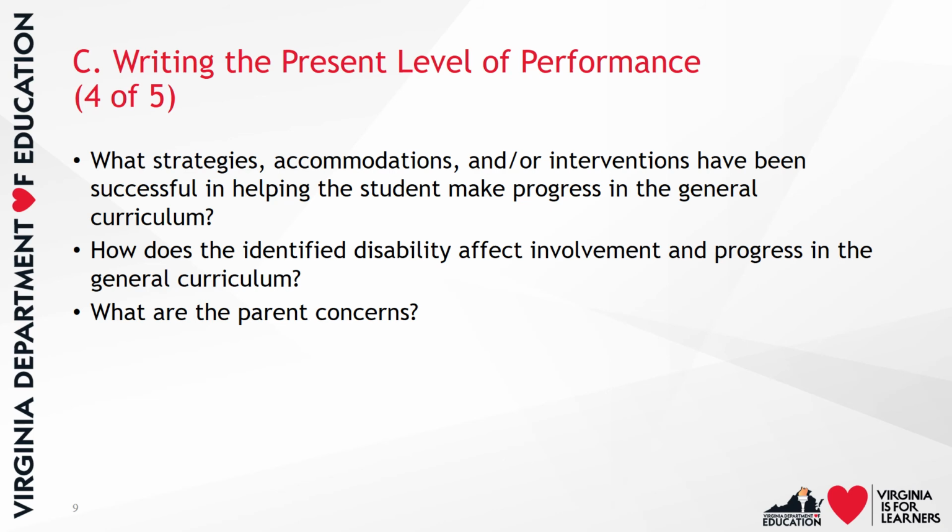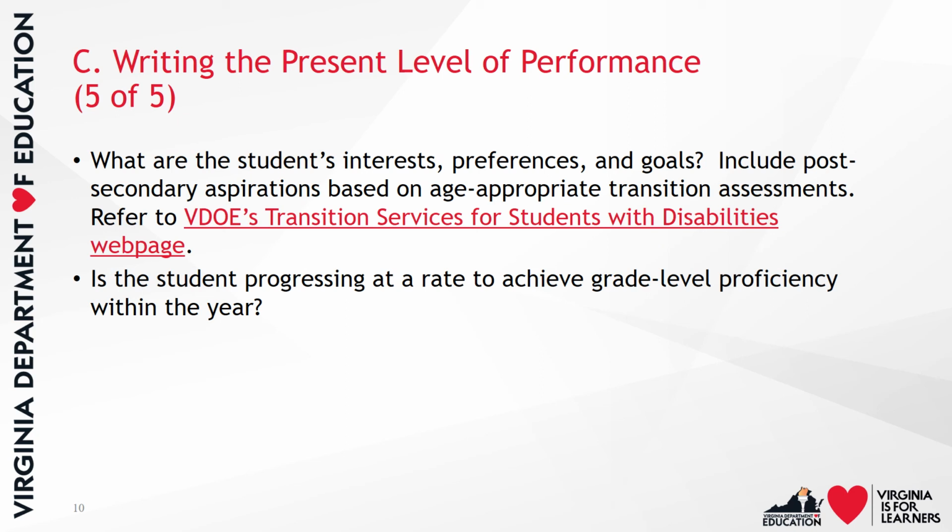What strategies, accommodations, and/or interventions have been successful in helping the student make progress in the general curriculum? How does the identified disability affect involvement and progress in the general curriculum? What are the parental concerns? What are the student's interests, preferences, and goals?